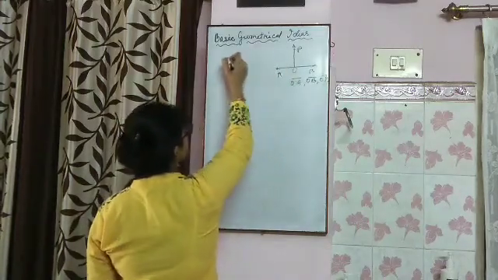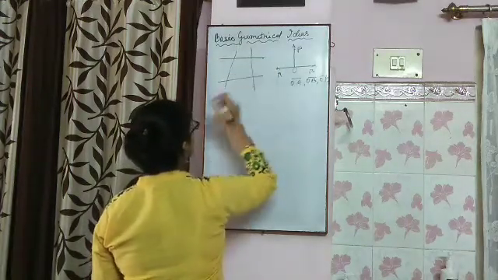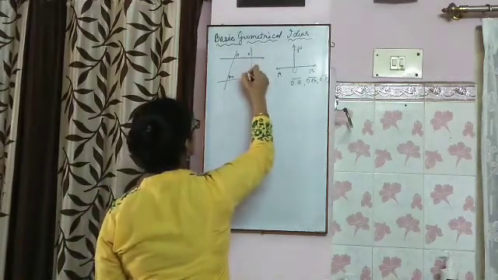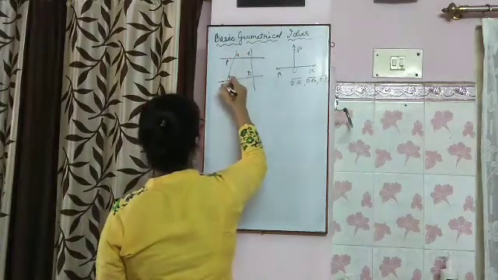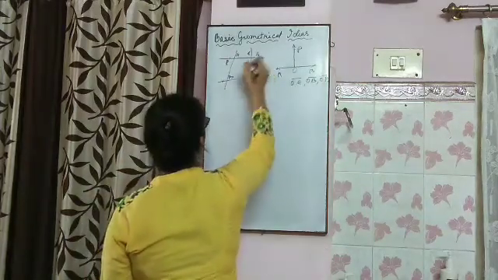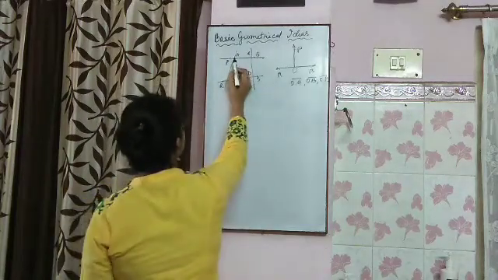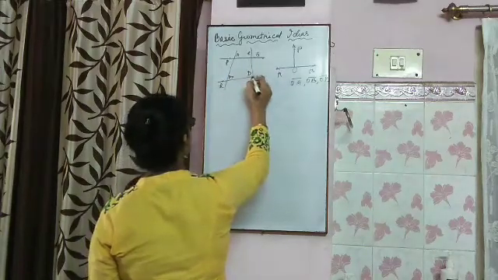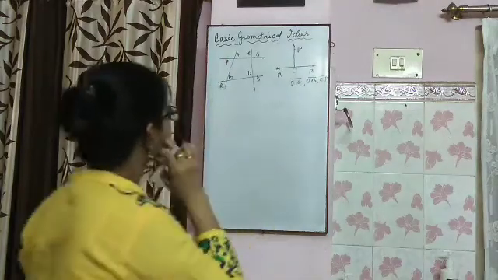Anyways, here suppose this way, A, B, C, D, P, Q. These are the points A and this is C, here is B and there is D. So how to get the line segments?